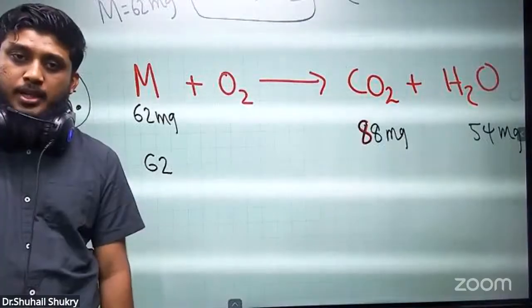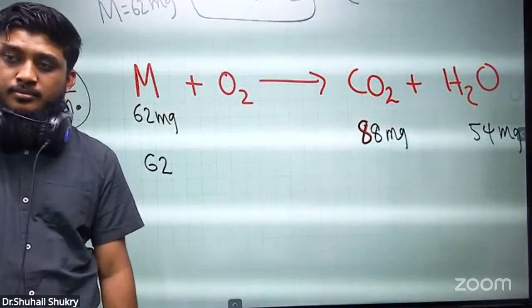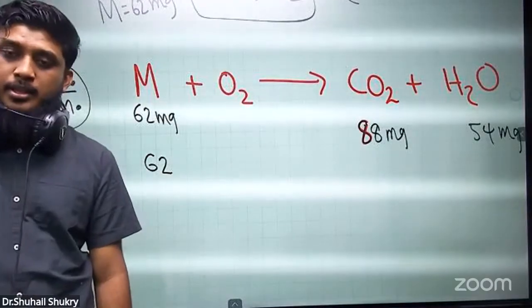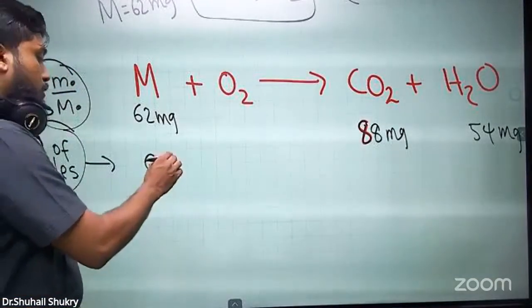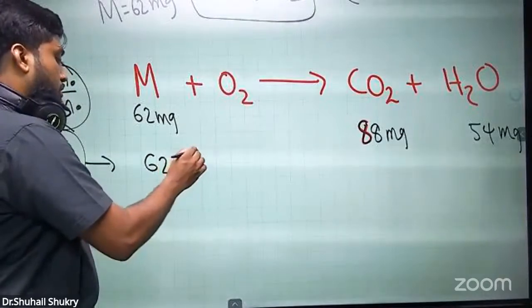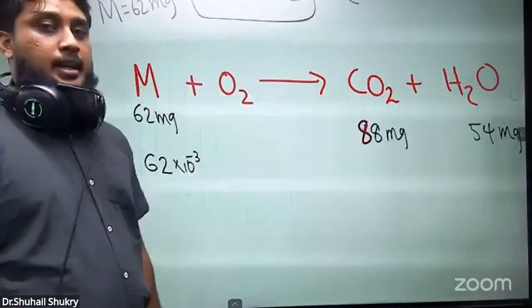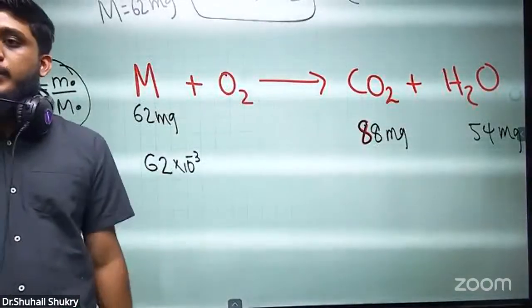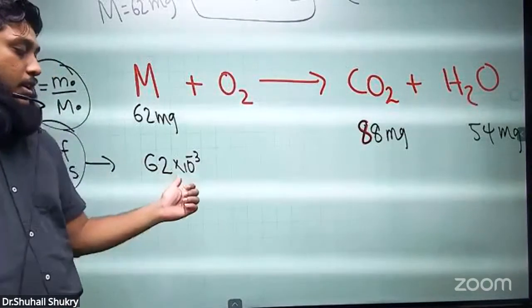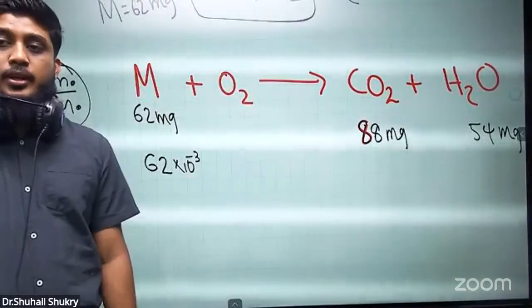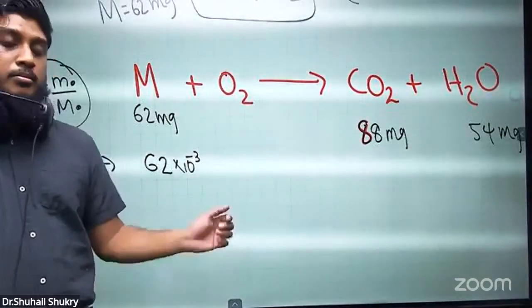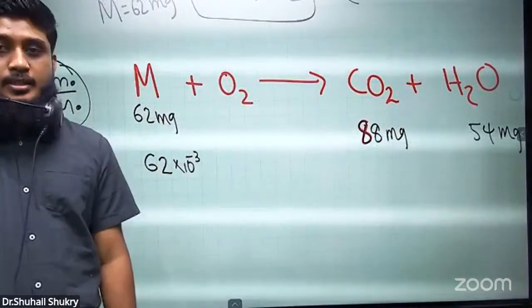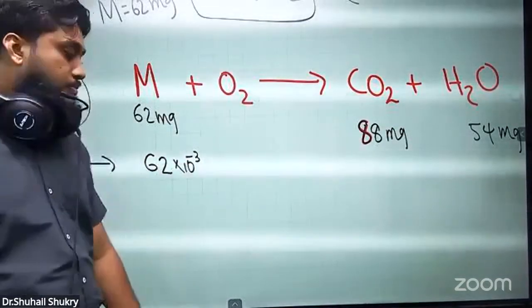How to write divide by 1000 using multiplication? Multiply by 10 to the power minus 3. If you want to divide by 100, multiply by 10 to the power minus 2. Are these things clear?